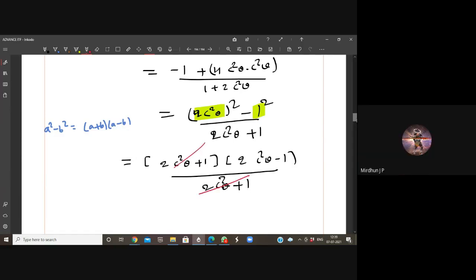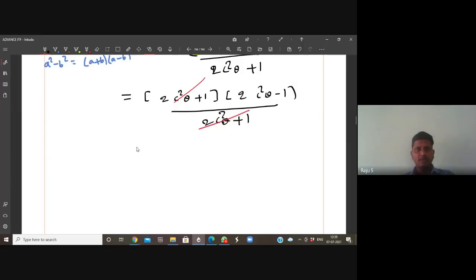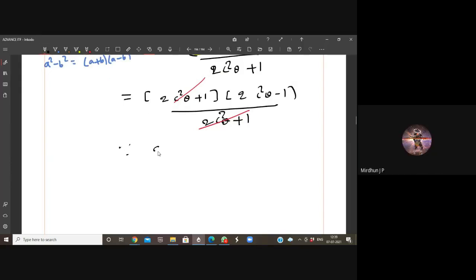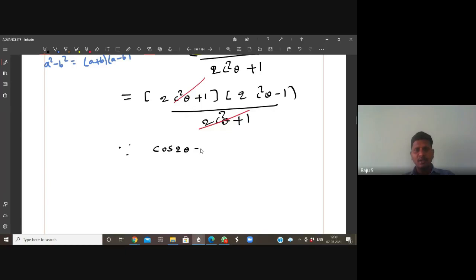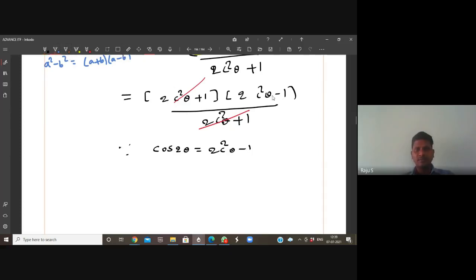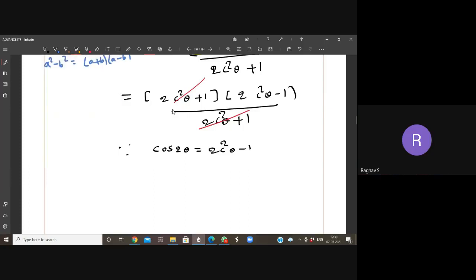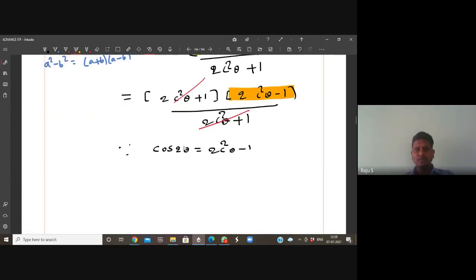Cos 2 theta directly, the formula is 2 cos square theta minus 1. Yes or no? Yes, sir. This is directly cos 2 theta. Directly it is a formula, so I have written cos 2 theta.